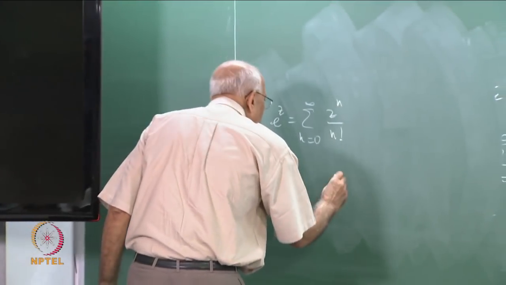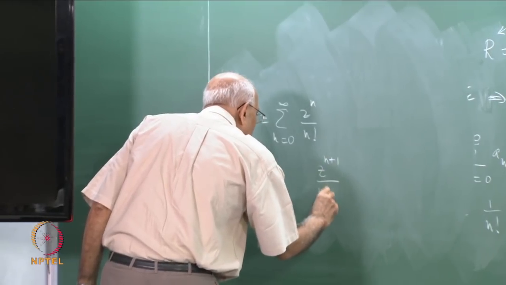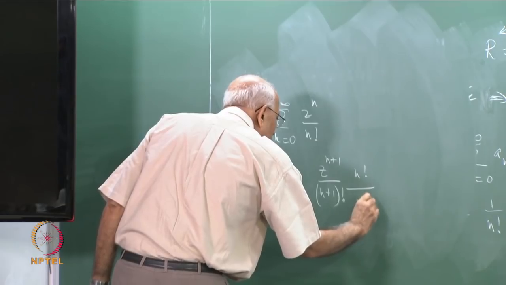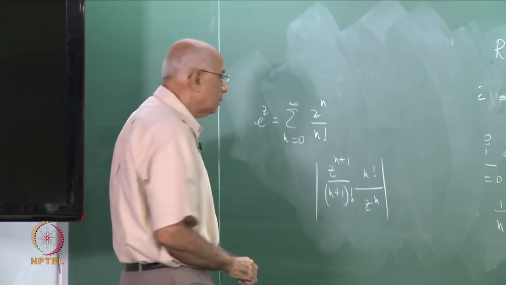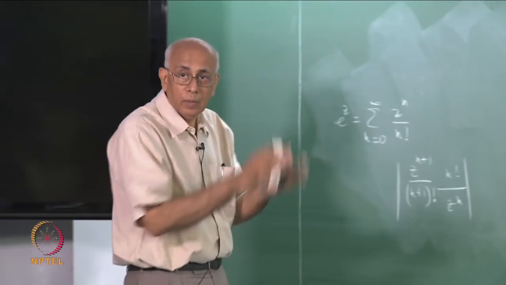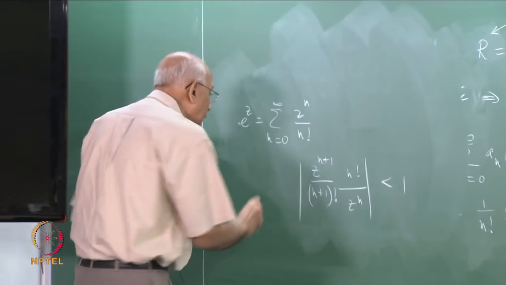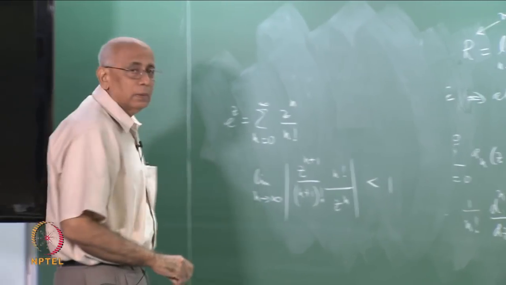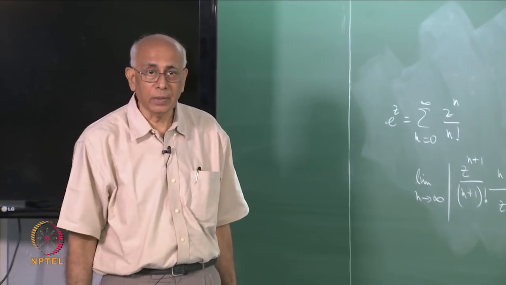So a n plus 1 over a n is z to the n plus 1 over n plus 1 factorial, times n factorial over z to the power n. You take the modulus of this n plus 1 term divided by the n term. If that is less than 1 in the limit as n tends to infinity, then I would say it is absolutely convergent.